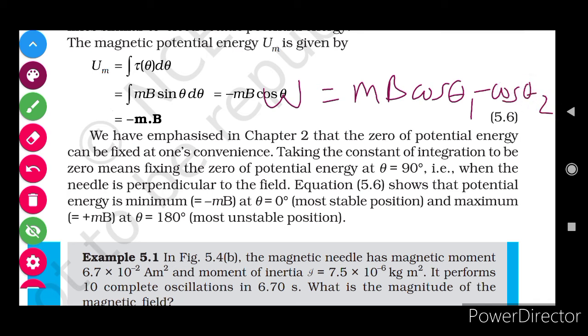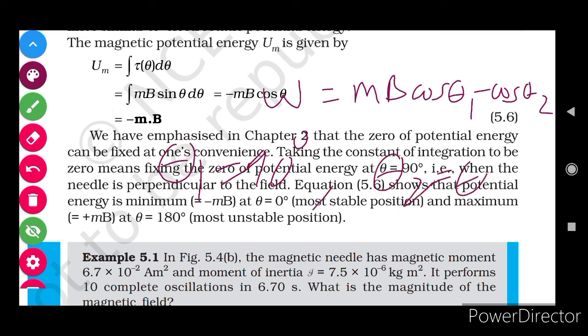Now we'll take the initial position as theta 1 equal to 90 degrees. We'll take the potential energy of the dipole at 90 degrees as 0, because what actually matters is the potential energy difference. We have studied this in detail in chapter 2. So theta 1 is 90 degrees, the initial position where potential energy is 0, and the other angle theta 2 we take as theta.